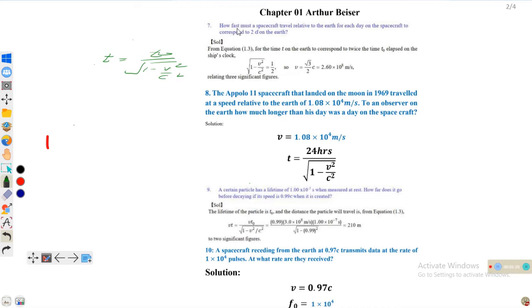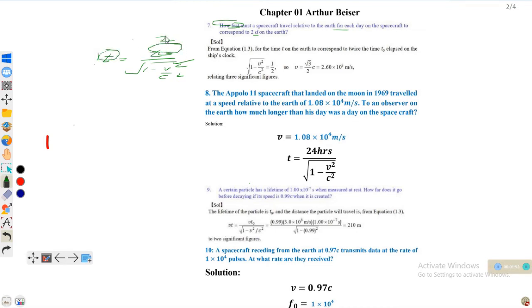Here we are asked how fast the spacecraft must travel. It means we have to find the speed relative to the Earth for each day on the spacecraft corresponding to 2 days on the Earth. 2 days on Earth means t is 2 and t naught is 1.